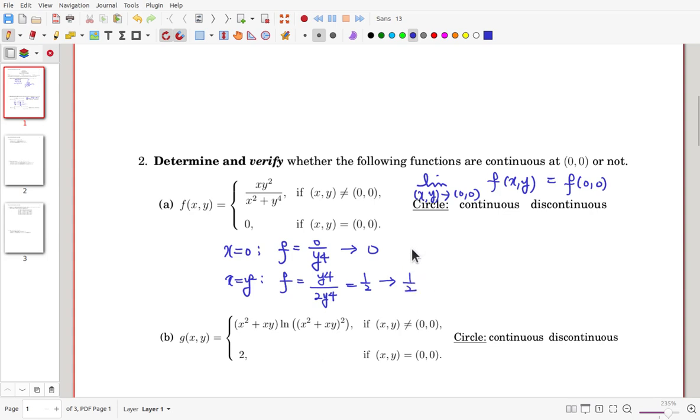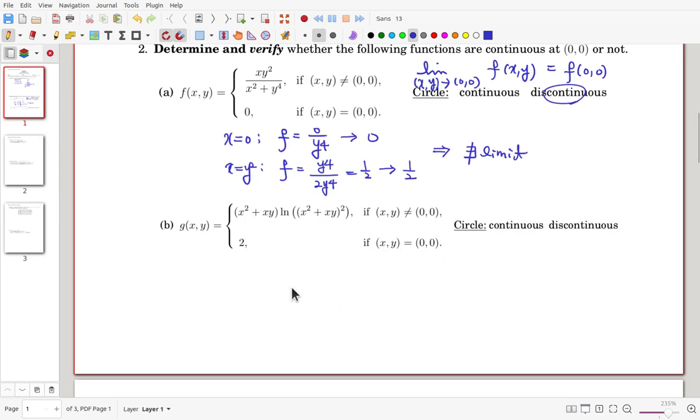From two different curves, the limits are different, which means that there's no limit. So from the beginning, there's no limit, so it must be discontinuous, right?